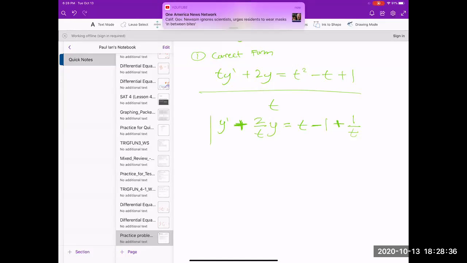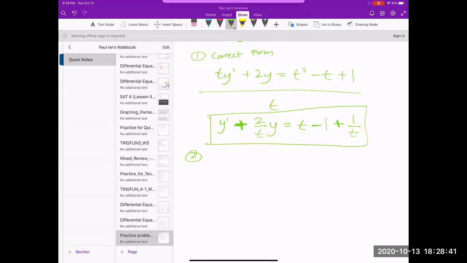Okay, so you have that. And the second thing is now you apply the integrating factor. The integrating factor would be e to the integral of 2 over t. Usually I just calculate it separately.